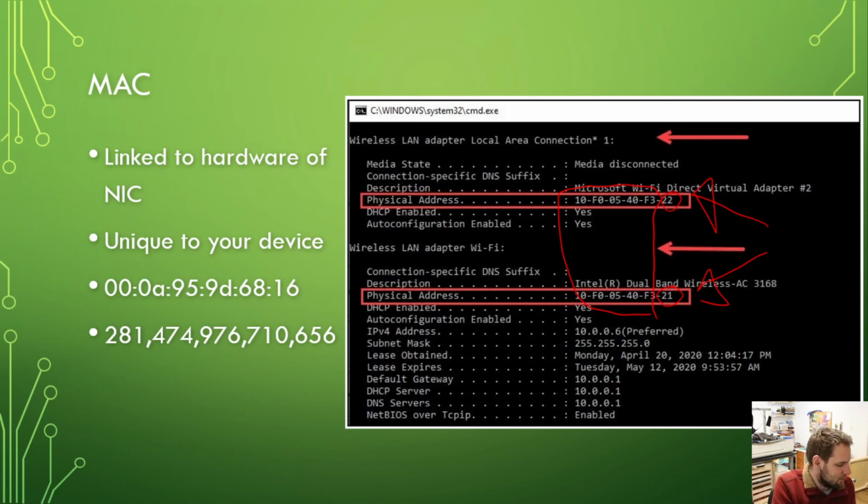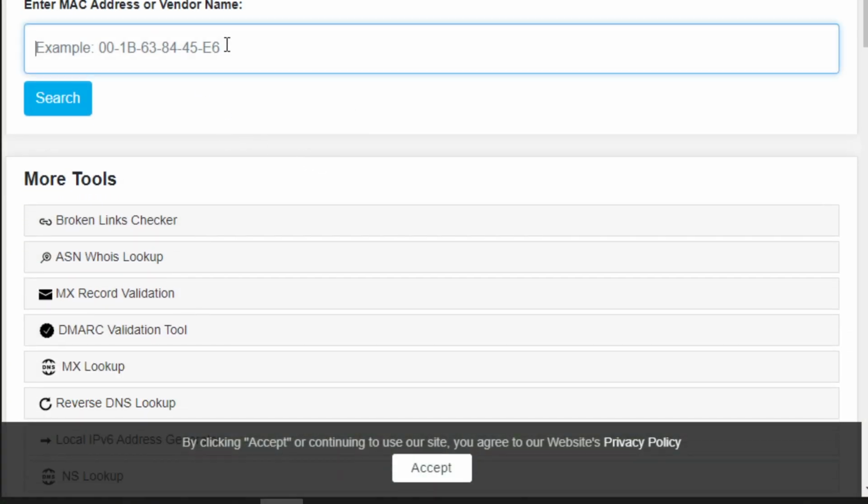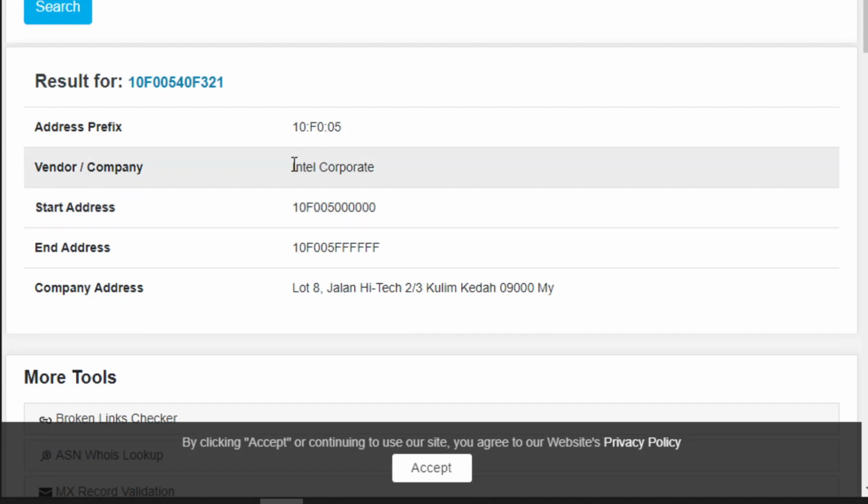DNS checker, MAC address. Now that's the one that I want. If we hit this button, here you can see, and we can type some things in. Just for fun, let's type in the one that was on the screen: 10F00540F321. We hit the search button, and you can tell that it is an Intel Corporation.